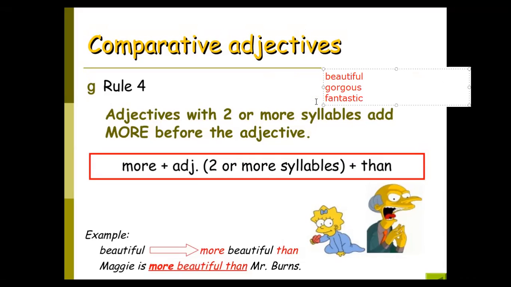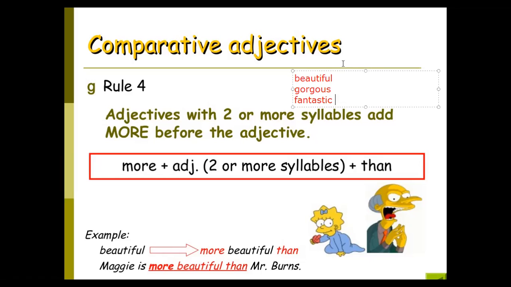If I want to say Wateen is more beautiful than me, would I say Wateen is beautifuler than me? No. Or Wateen is gorgeouser than me? No. Wateen is fantasticer than me? No. Why? Because it's so hard to pronounce this way. So these long adjectives will never take er.